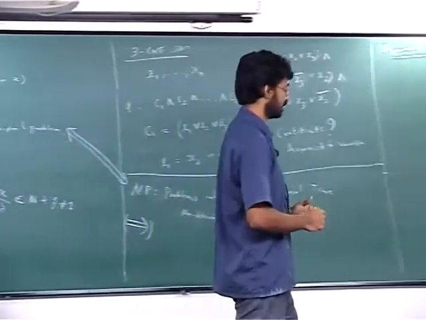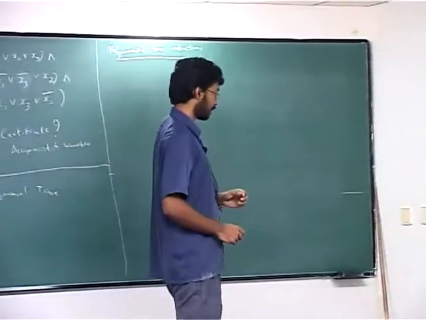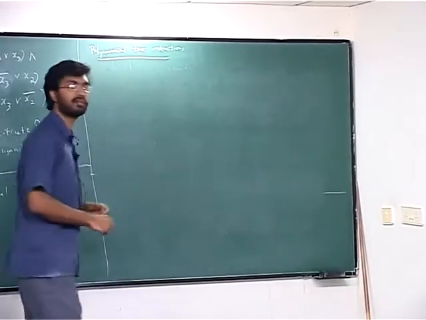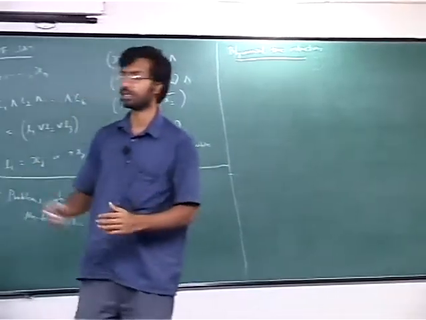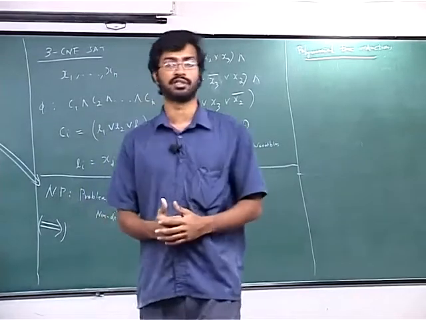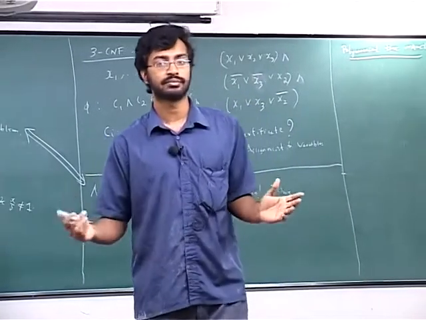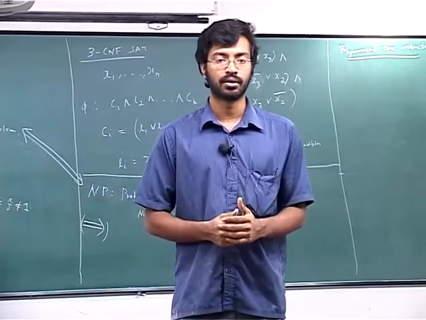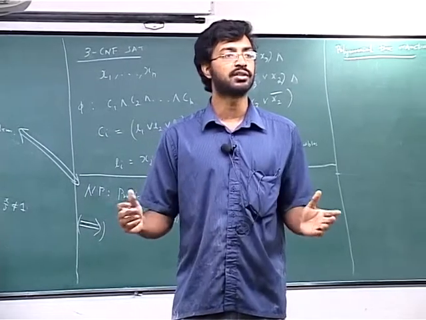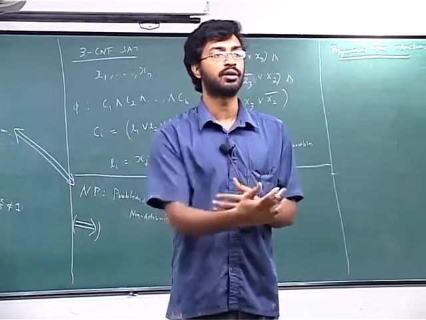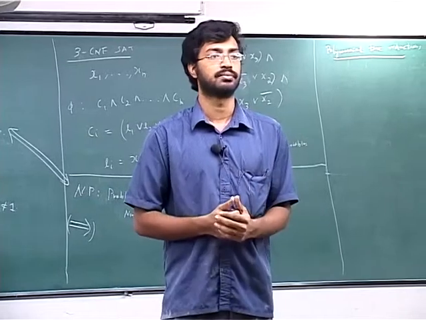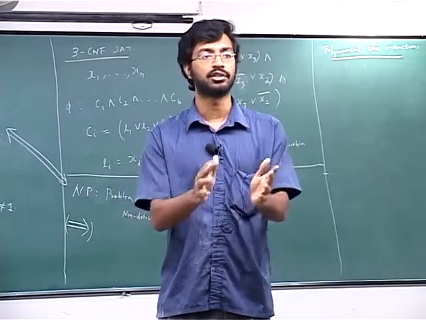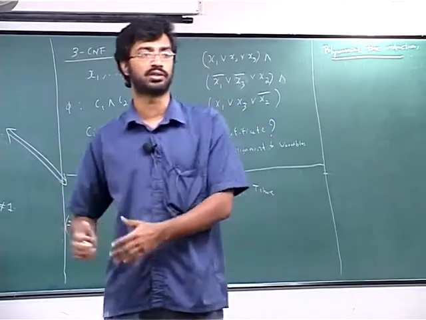So what are these? Polynomial time reductions are algorithms which are not yes-no output algorithms. These algorithms take an input instance of one problem and output an input instance of another problem. And this algorithm runs in polynomial time, polynomial in the input size.